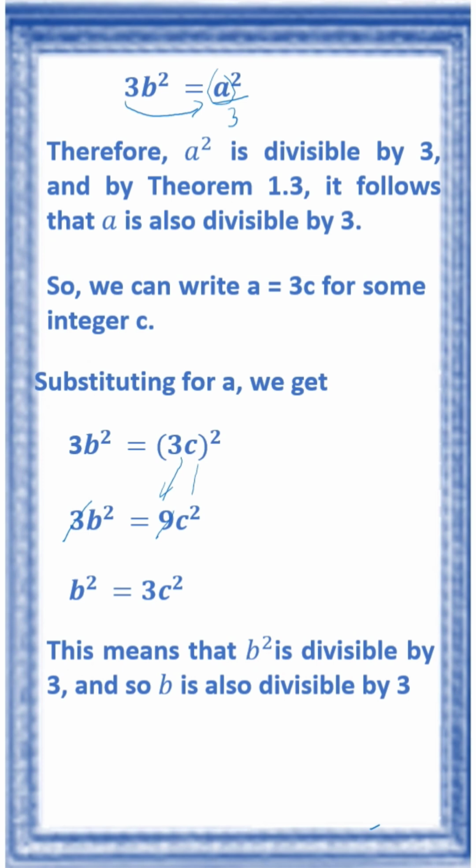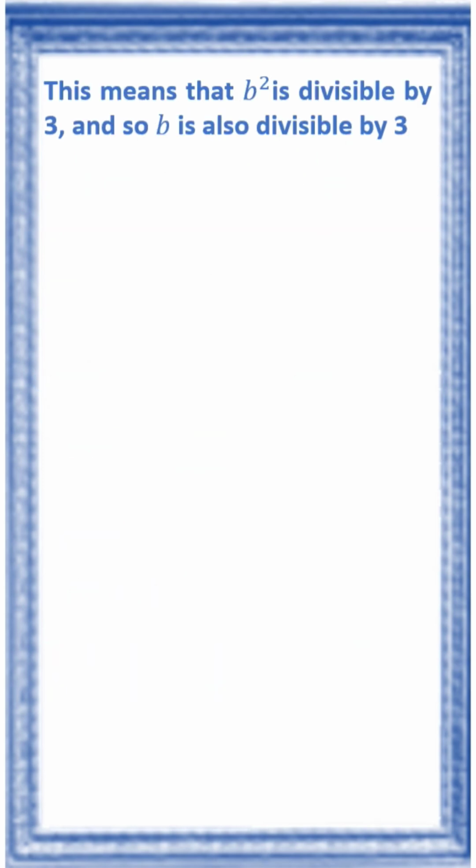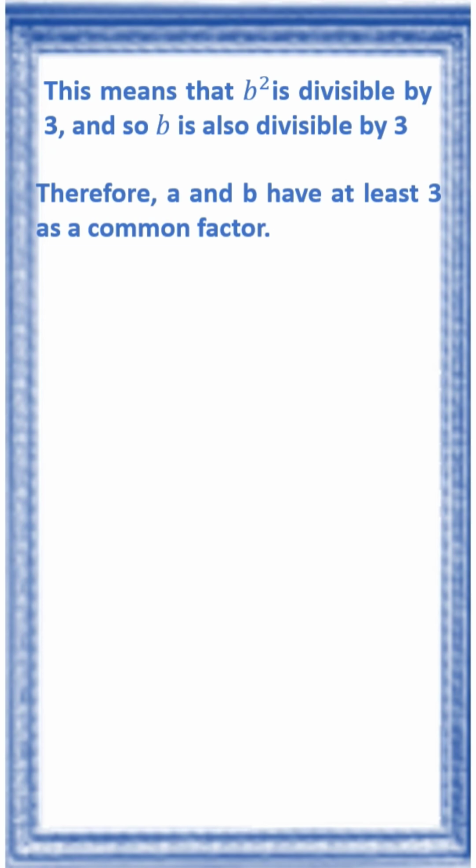This means that b square is divisible by 3, and so b is also divisible by 3. Therefore, a and b have at least 3 as a common factor.